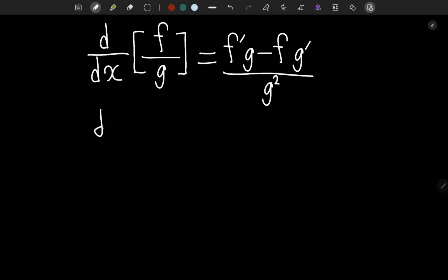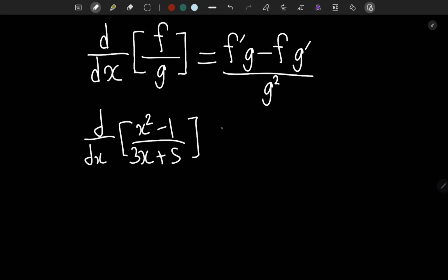So let's say we need to derive x squared minus 1 over 3x plus 5. So now we need to follow the formula.